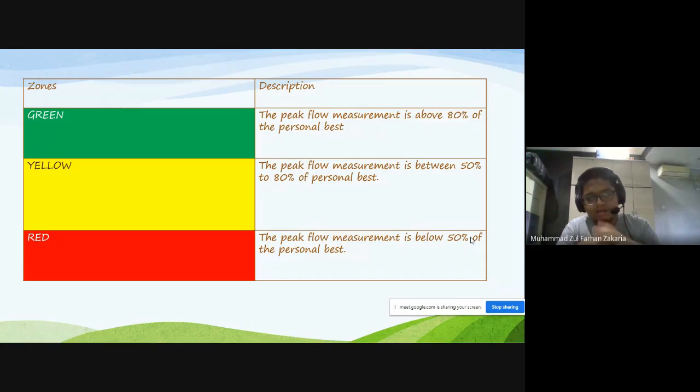The zone is useful for the physician that handles the asthma patient, so that they can plan a proper management for the patient if the patient is in this zone.